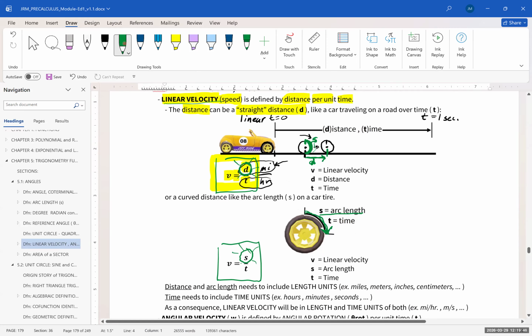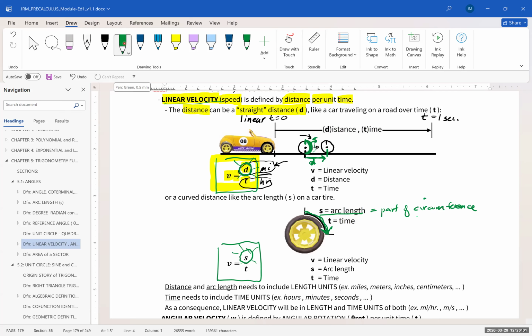And the distance around the outside of the tire, that is going to be part of the circumference. And the circumference will be measured also in terms of length, which could be miles, meters, inches, or centimeters, and still units of time, such as hours, minutes, and seconds.